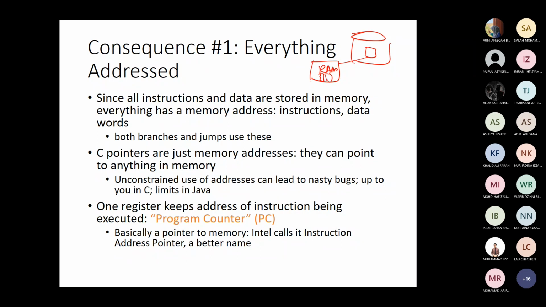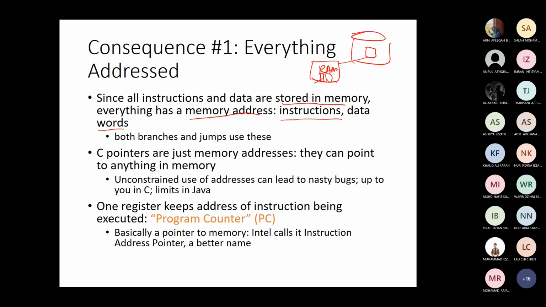Then when we want to execute the program, we take out certain blocks and put them inside a cache, and from that cache we decode it. So everything is stored in memory, and everything has a memory address. This includes instructions and data words.